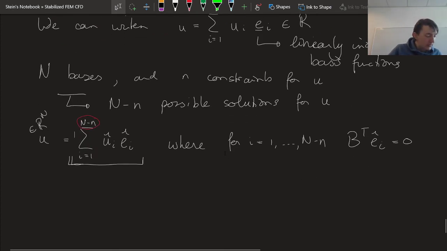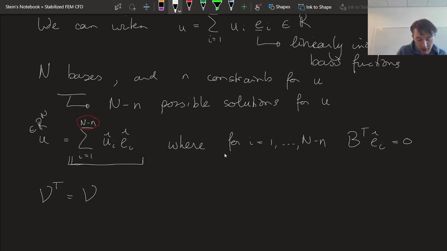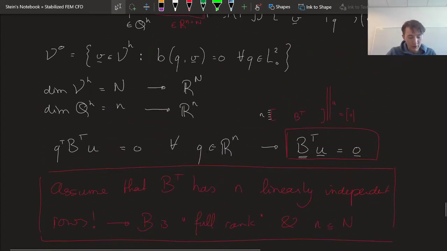So we can say the following about the space Vt, which was equal to V set minus V0. V0 was the space of all functions that satisfied that constraint.